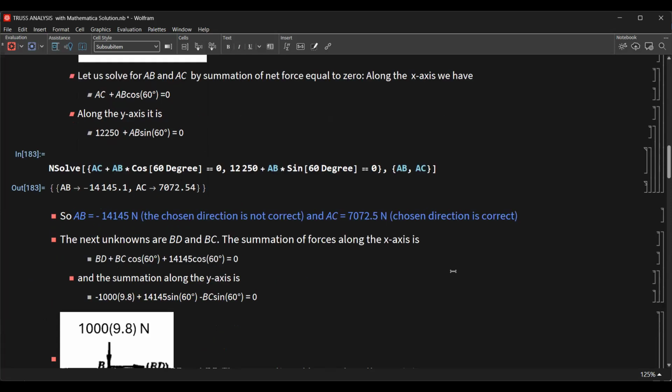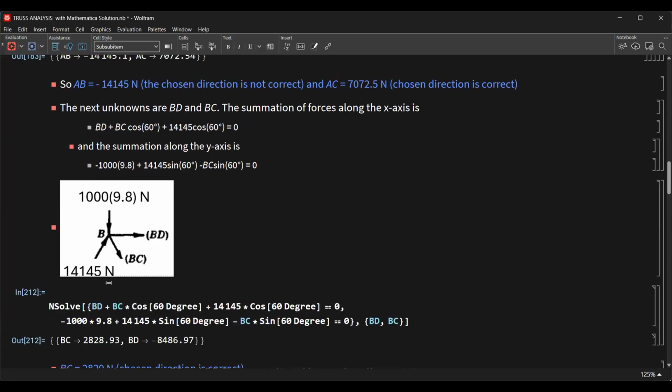The chosen direction is correct. So the next unknowns are BD and BC. We have BD positive to the right, then BC cosine 60 degrees to the right also. Then 14,145 cosine 60 degrees, so that is also positive.